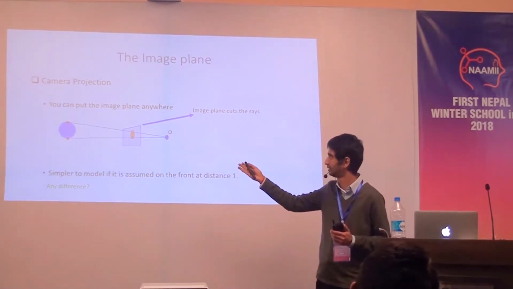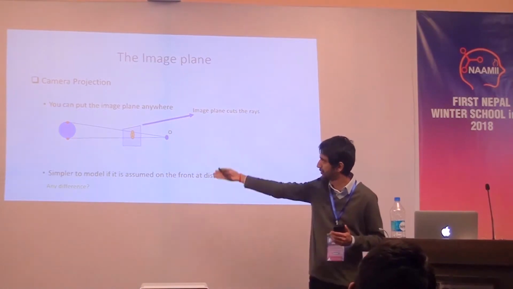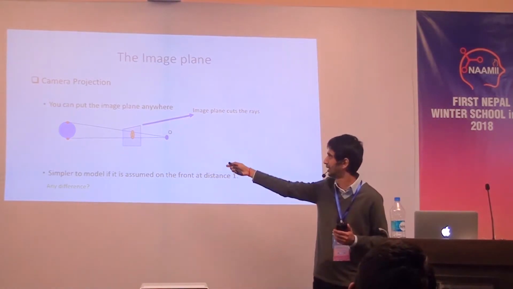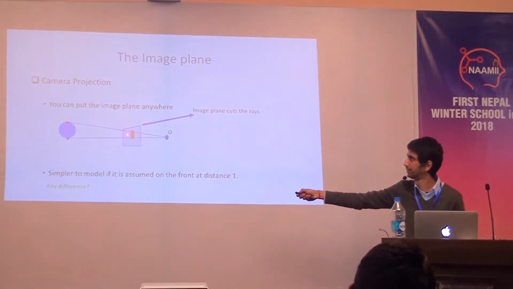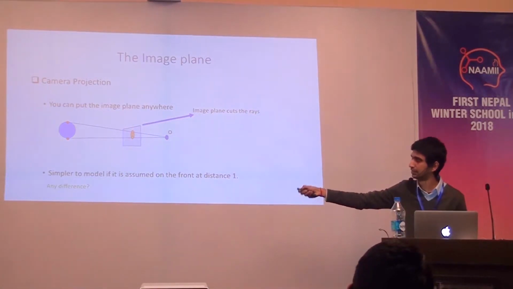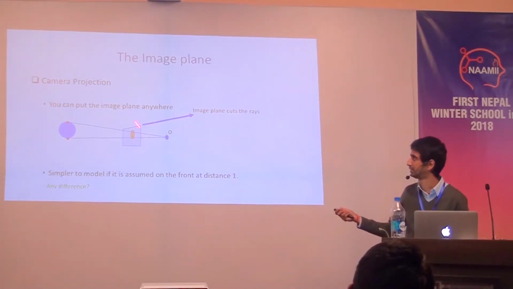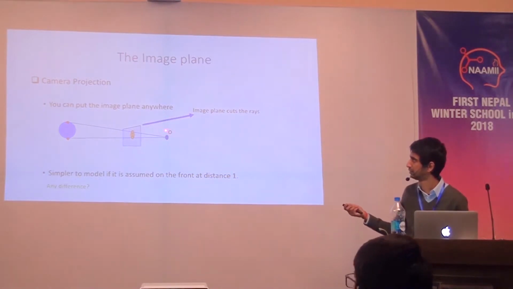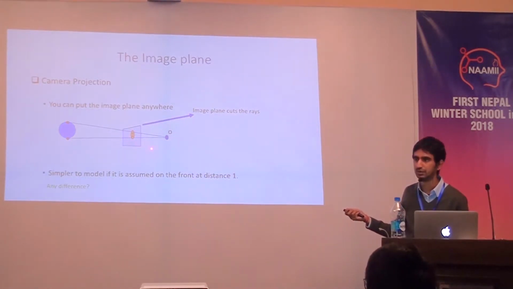You can just think of a virtual plane that cuts the rays in front of the camera, and then it creates the image here, which is now upright, not inverted. So this is a mathematical model of the camera. This is equivalent to the model of the real pinhole model. And again, this distance, you can keep it as 1.